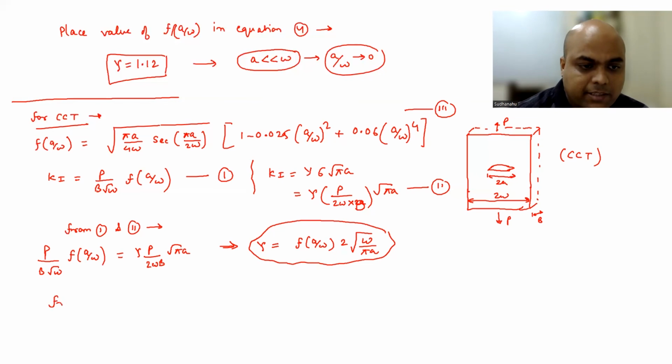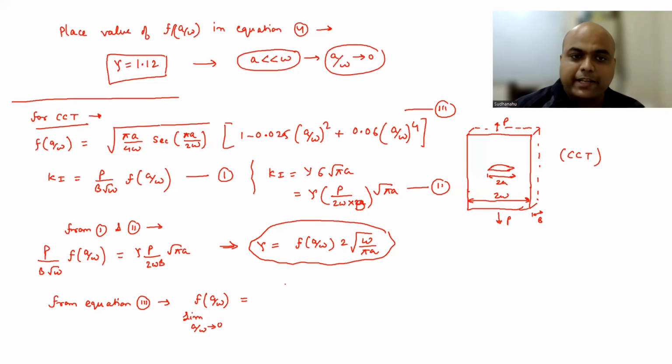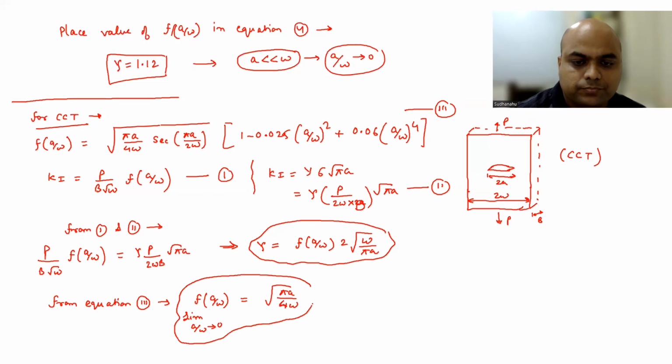So from equation 3, f of A by W, here limit A by W tending to 0. Okay. So sec of pi A by 2W, that is going to be 1, and A by W to the power 4, that is going to be 0. So this will turn out to be pi A by 4W. Okay.